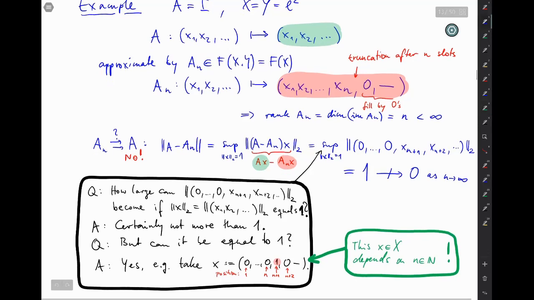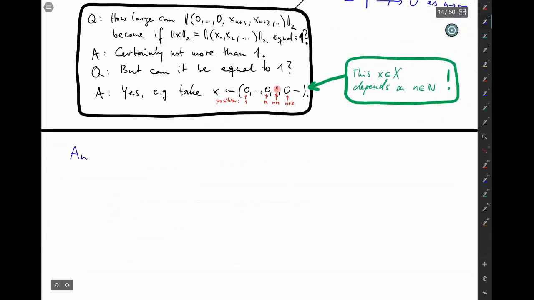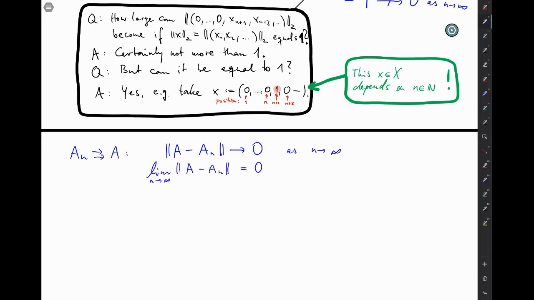Okay, let's try to learn from that example. So again, uniform convergence means the norm of A minus A_n goes to 0 as n goes to infinity. And of course you can abbreviate that as follows. You could say that the limit equals 0, or we just plug in the definition of the operator norm.